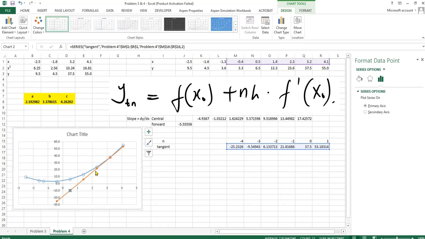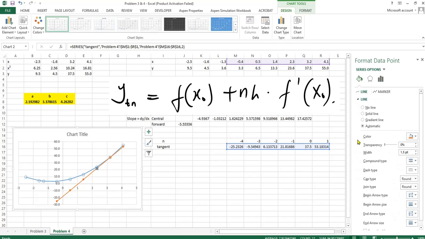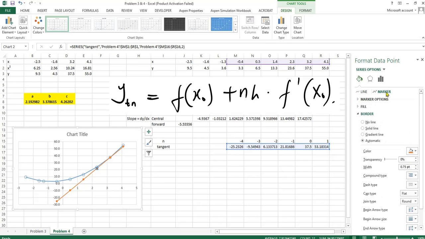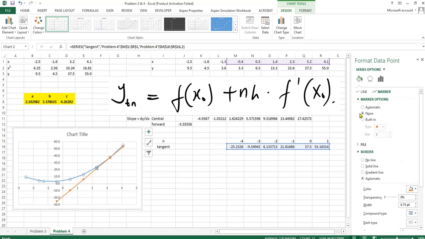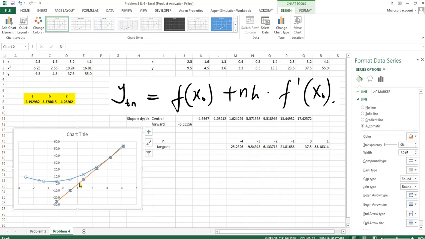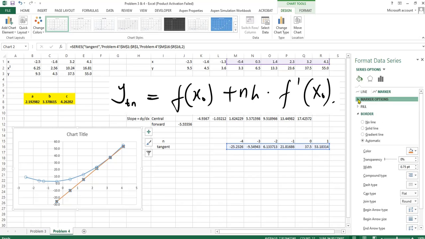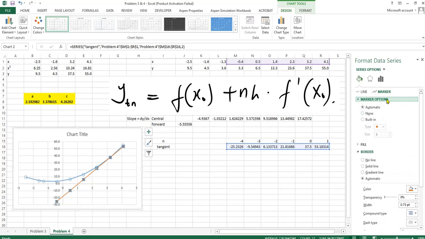No. Let me see. Let me now for the marker say none. Okay, it's just that one that goes off. Okay, this one has selected all of them. I'll come here, select the marker option, say none.